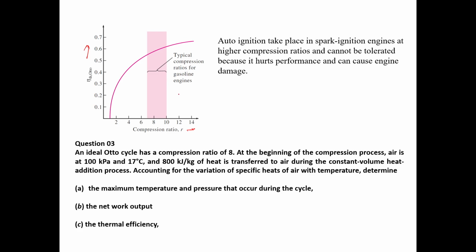But in the practical application, all the petrol engines we have today are limited to 7 to 10. So the maximum you can achieve is 10. There are no petrol engines with a compression ratio beyond 10, as far as my knowledge.